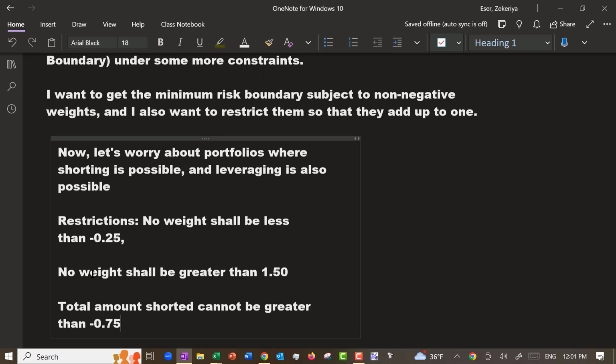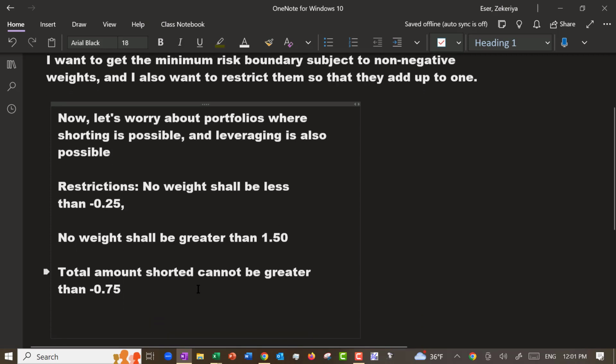I'm just putting some restrictions on you. If you short an individual stock, the amount shorted cannot be greater than a quarter of the portfolio. Total amount shorted cannot be greater than negative 0.75, and none of the weights can be greater than 150. So some stocks may be overweight, but not by too much.